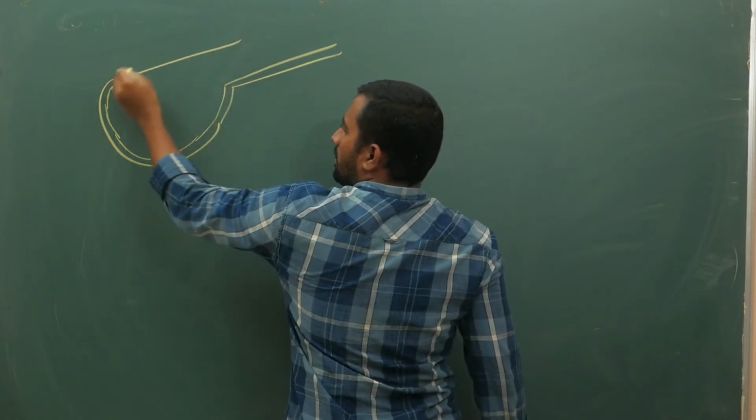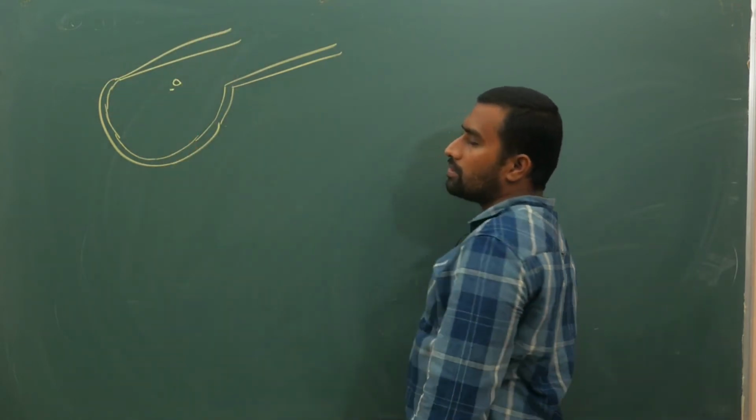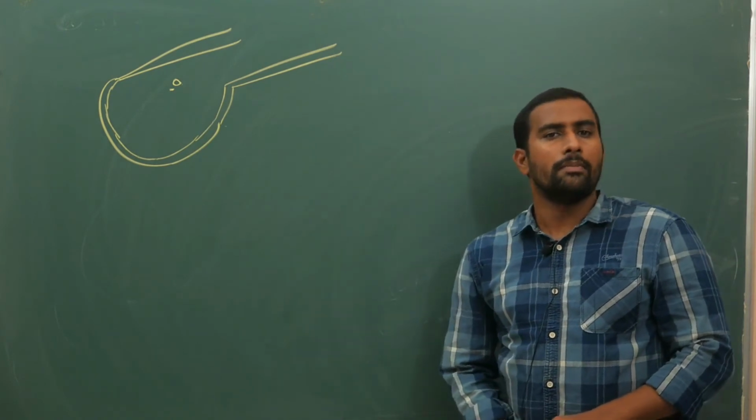Basically, this is also carrying current only along the outer section. At point O, you are supposed to calculate the magnetic field.